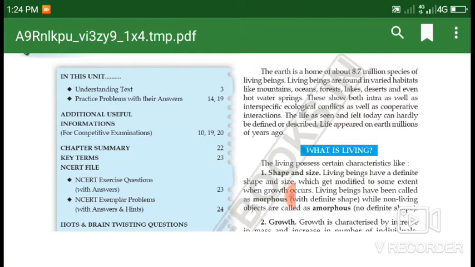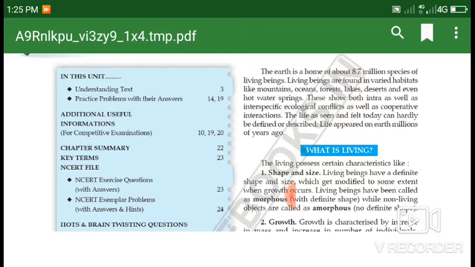Life as seen and felt today can hardly be defined. Life appeared on earth millions of years ago. So the life we have on earth is not just a part of this present world, it is from millions of years ago, and it has evolved in such a way that all organisms have become complex.